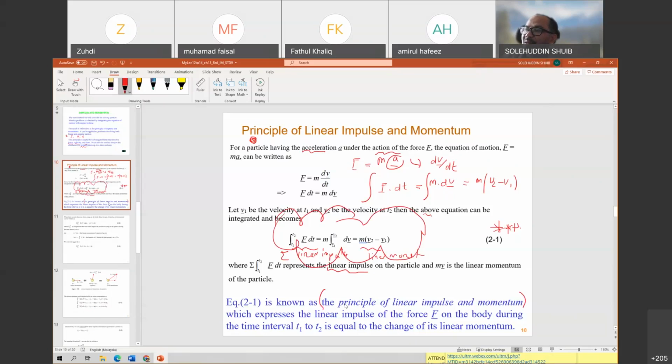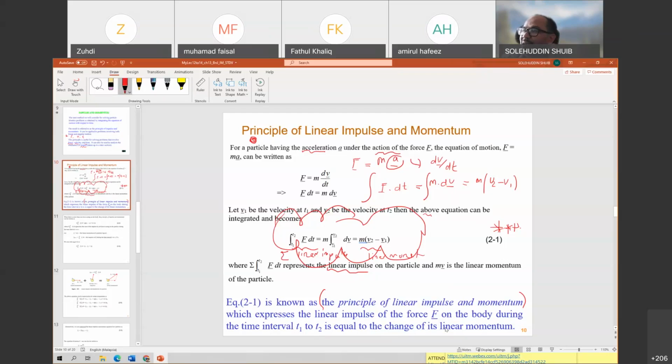We express the linear impulse of force F on the body during the time interval from t1 to t2 as equal to the change of linear momentum. Basically, these words explain this equation.